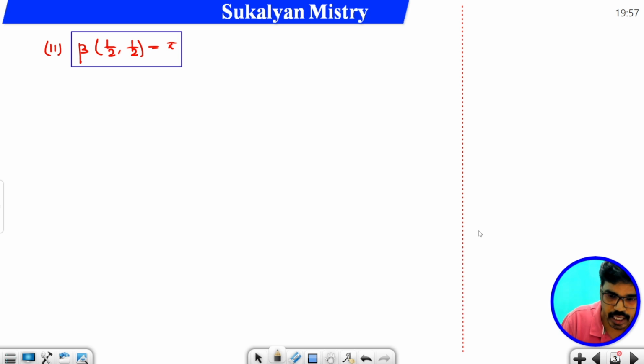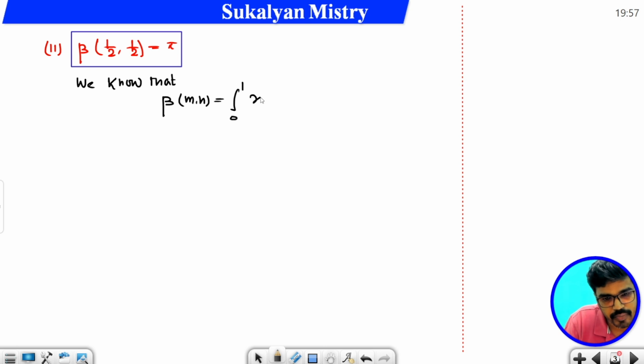We know that beta mn is equal to integration 0 to 1 x to the power m minus 1 into 1 minus x to the power n minus 1 dx. So here we have to put m is equal to 1 by 2 and n is equal to 1 by 2. Okay.